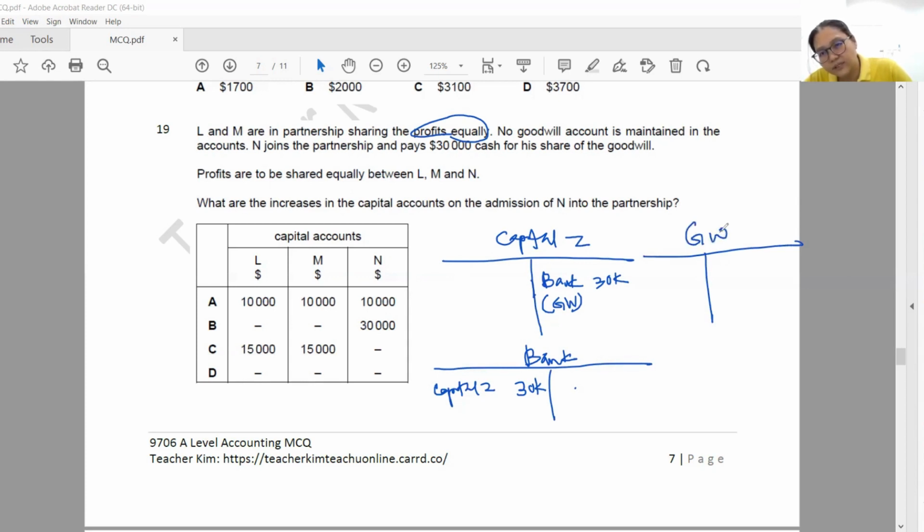The goodwill created belongs to L and N, 15,000 and 15,000. And this amount, we are going to write it off. We will put into Z 30,000.